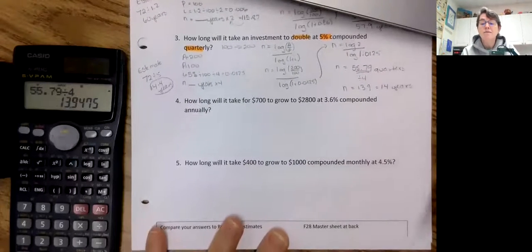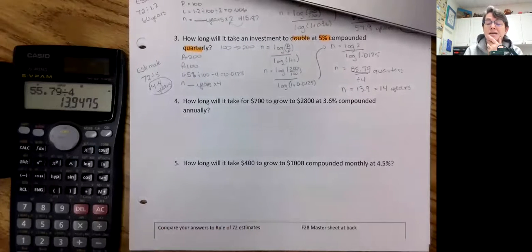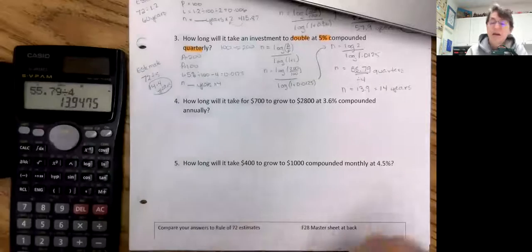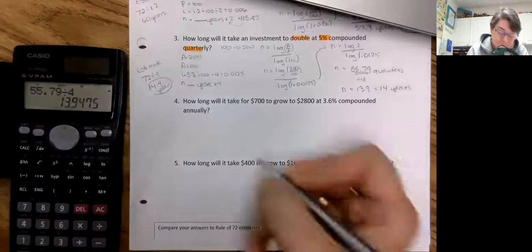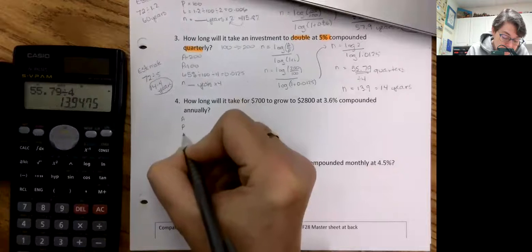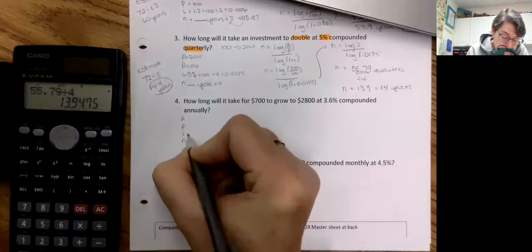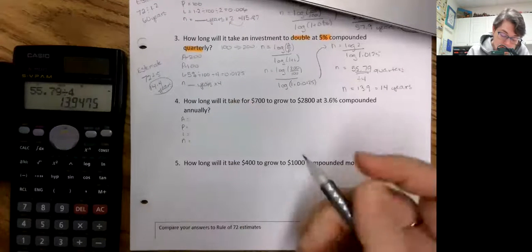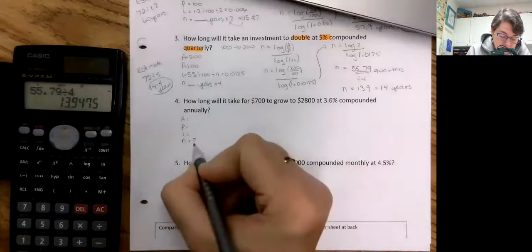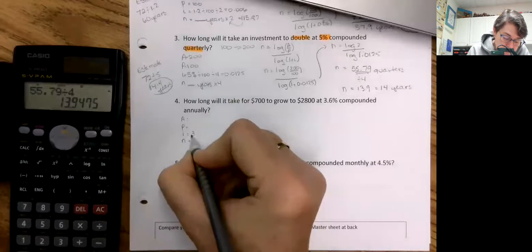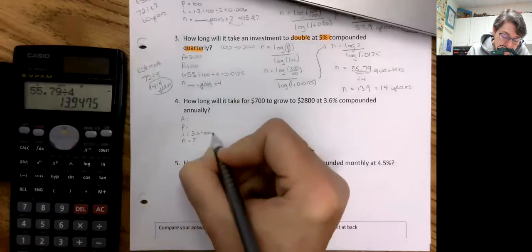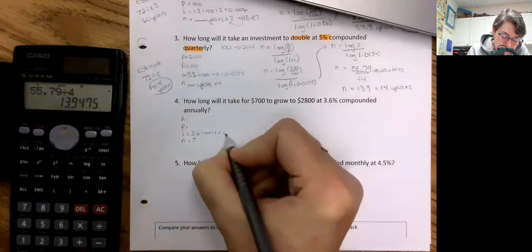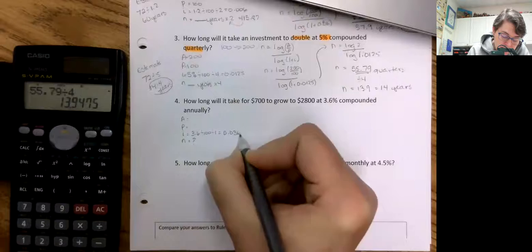Now let's take a look what happens with these ones. These are the ones that we were estimating. Oh, this one shouldn't be too bad, but let's try it. Better yet, pause the video. All right, we got 3.6 divided by 100, divided by 1 because it's annually, so 0.036.